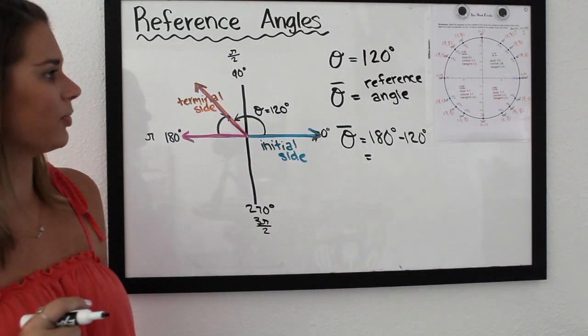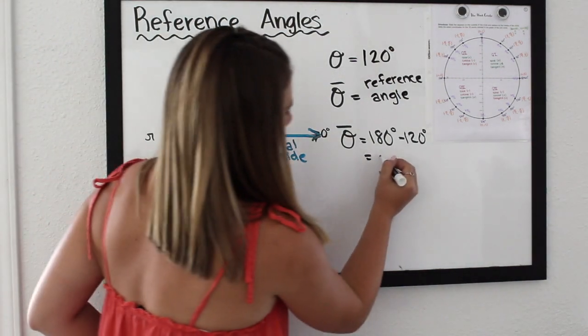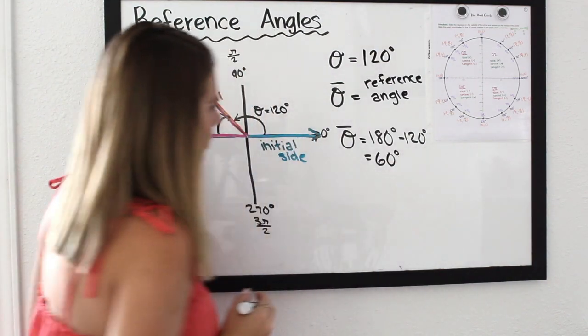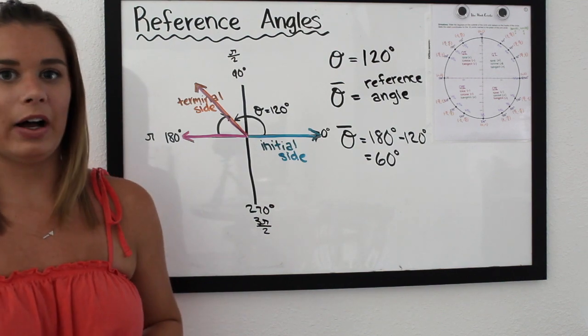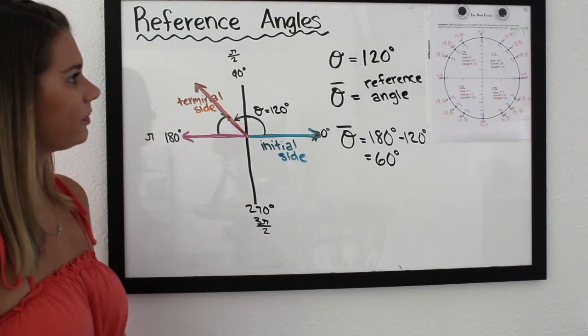So 180 minus 120 is 60 degrees. That is how you find a reference angle from a given angle.